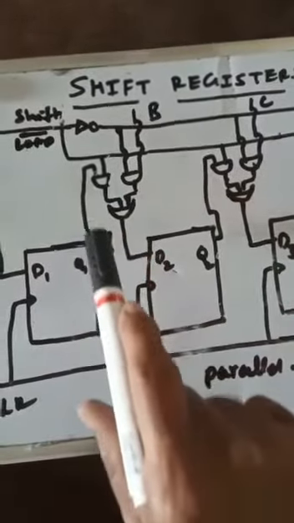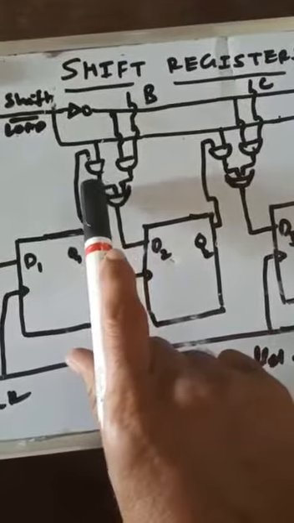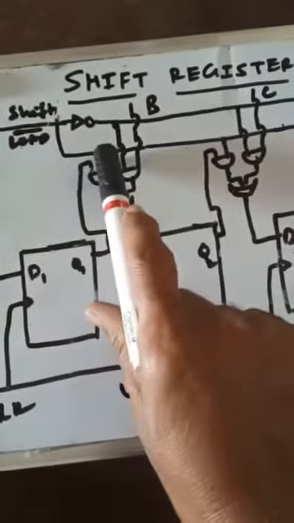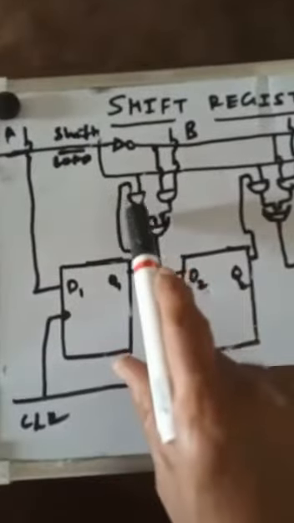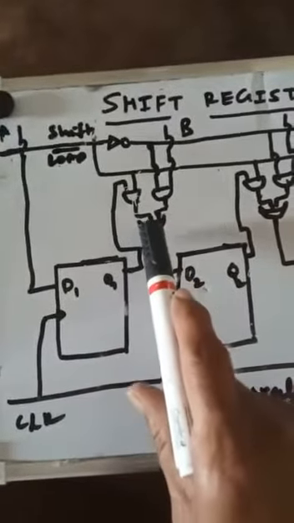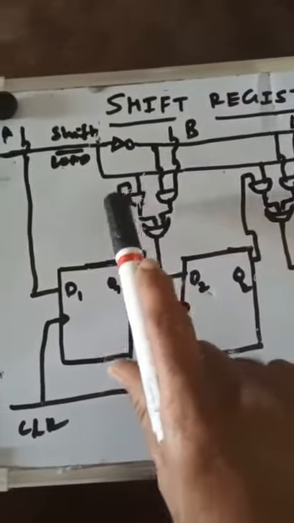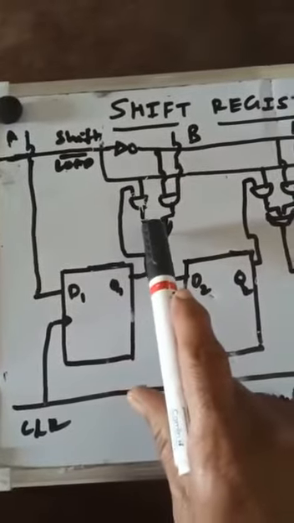When the 2 inputs are 1, then only the output of the first AND gate is valid. If either of these two is 0, then this is disabled. That means if either of these 2 inputs is 0, then the output of this AND gate is equal to 0.